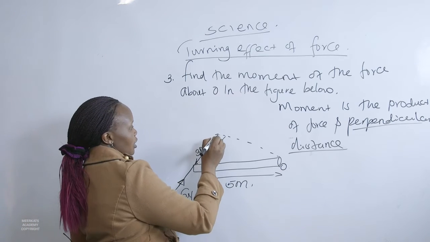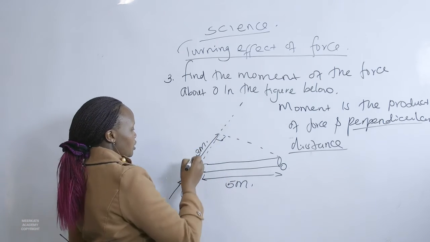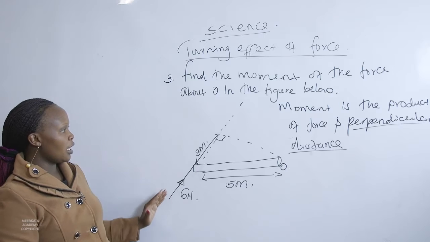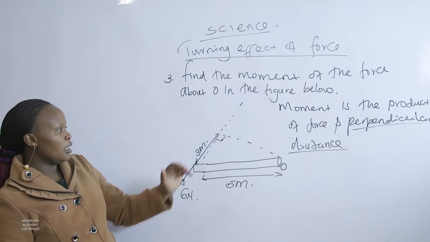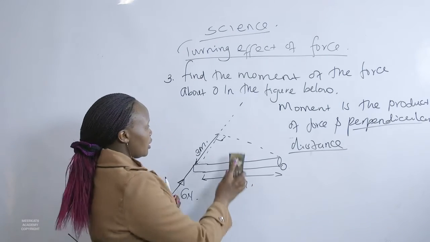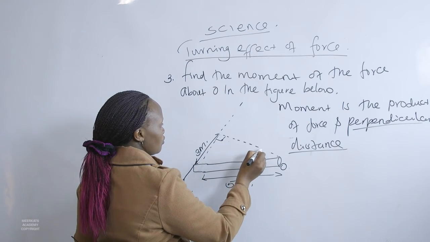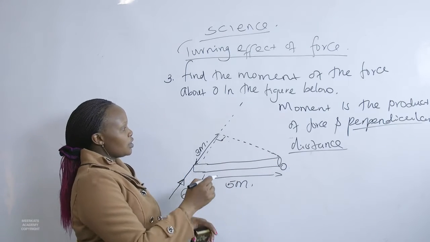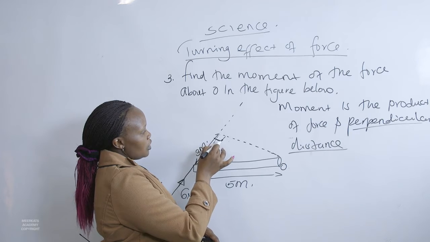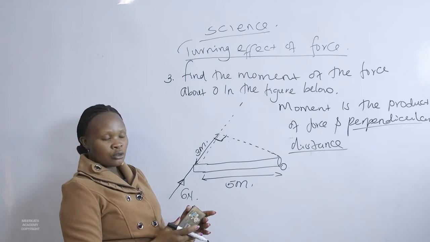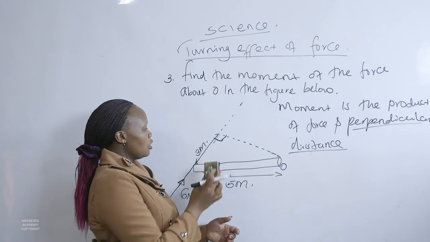In our case, the line of action of our force is this one. It will act along this line. Therefore, we are going to require the size of this distance because it is the one that is actually perpendicular to the line of action of our force.